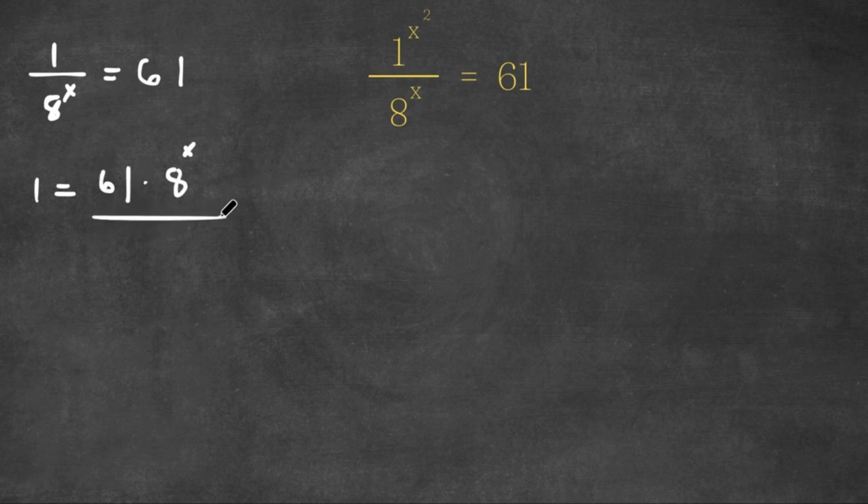Now, if I divide both sides by 61, I get 1 over 61 is equal to, these two cancel out, 8 to the power of x.